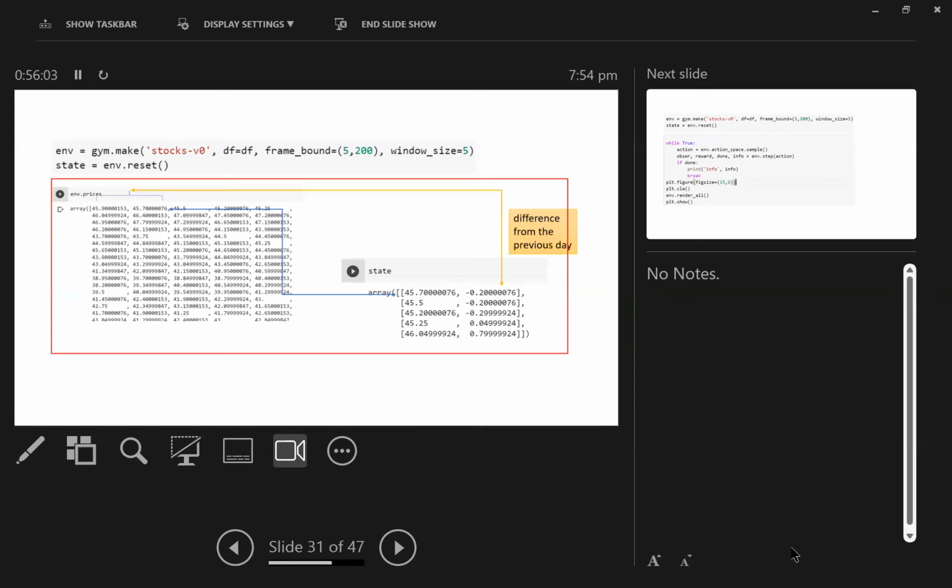If you look at a state, later you will see how to find it, a state is basically a window of 5 trading days. For example, starting from here, the first 5 trading days are 1, 2, 3, 4, 5, and the last one is 44.28.